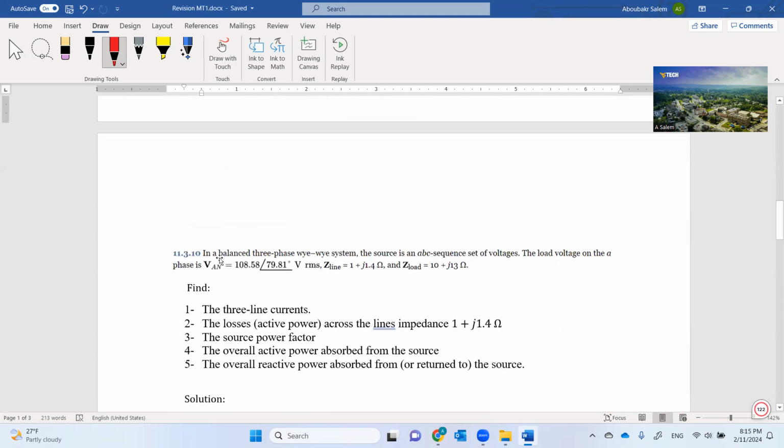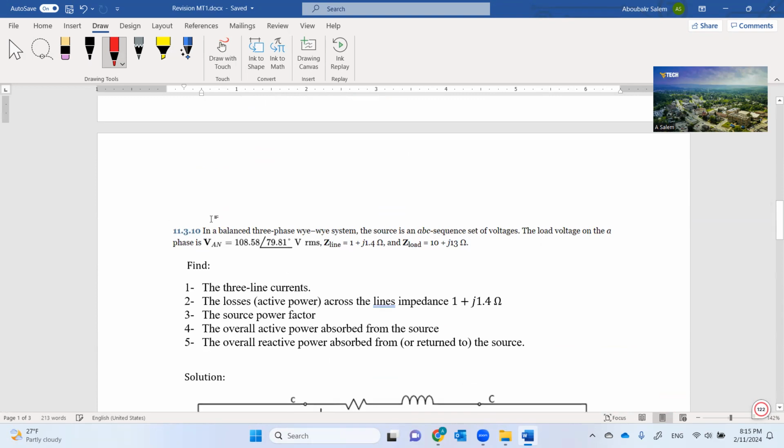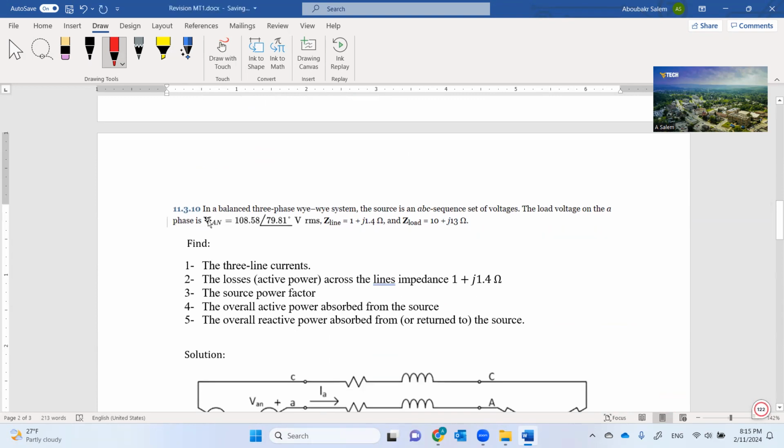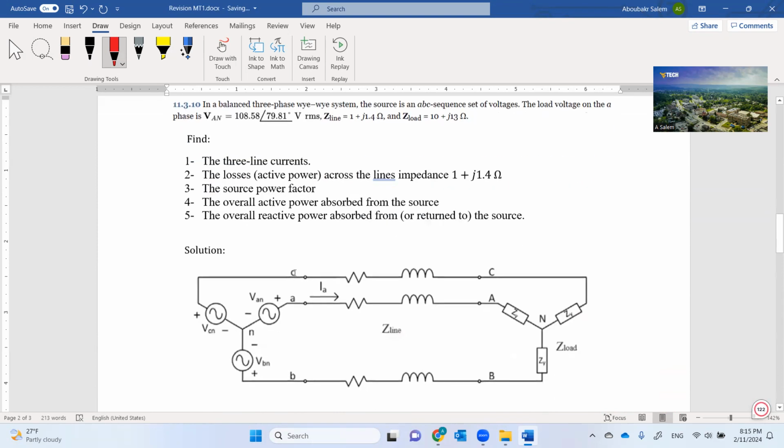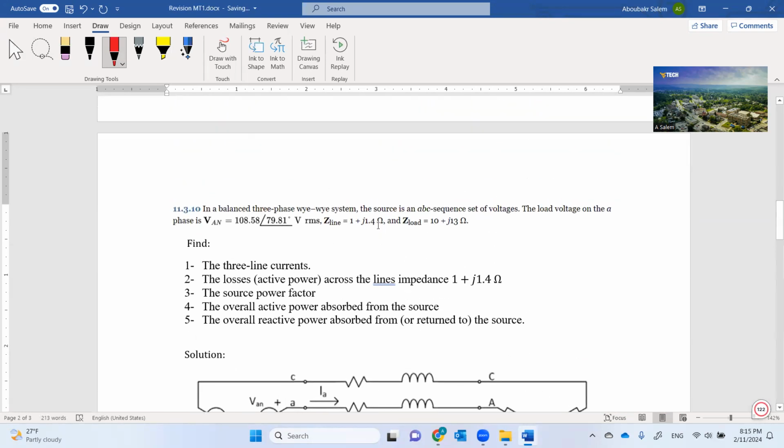Now, let's move to another question here. In this question, guys, in a balanced three-phase Y-Y system, Y-Y means our supply is Y and our load is Y as well. The source is an ABC sequence set of voltage. So the voltages are ABC. And the voltage on a phase is VAN.